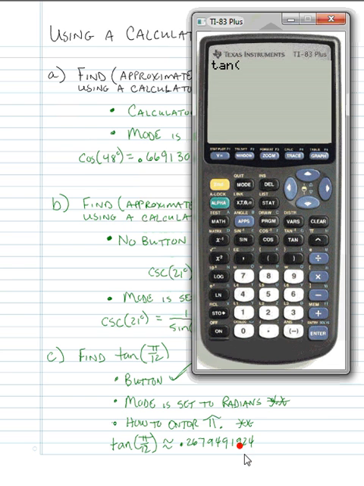Then we use the division key, by 12. Now we'll close our parenthesis, and we're set to ask for the result by pressing enter, and there we go, 0.267949, and so on. So it's, again, very simple to do.